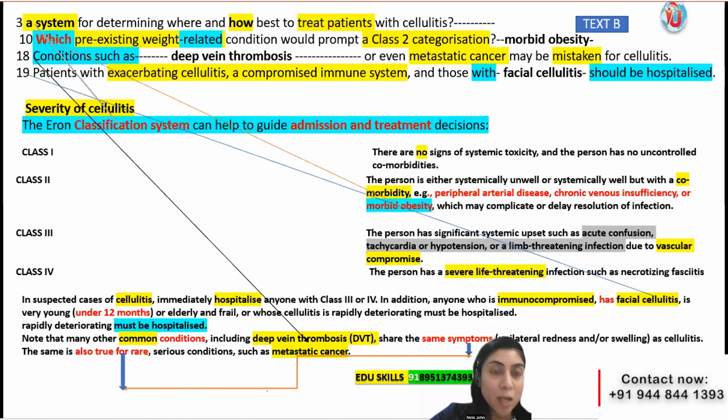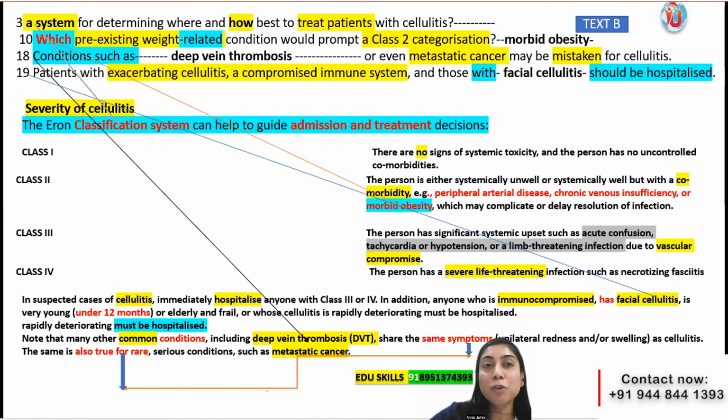Yes, ma'am. What is the question? A system for determining where and how best to treat patients with cellulitis. Some of you wrote the answer option C.